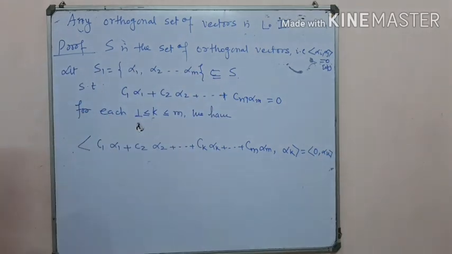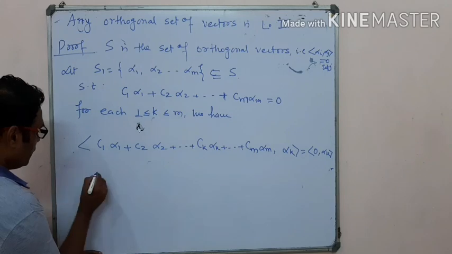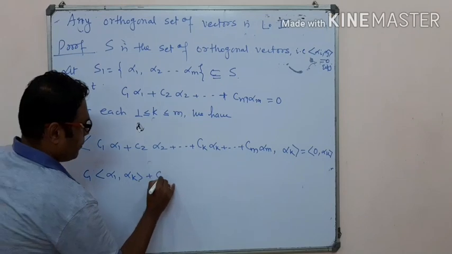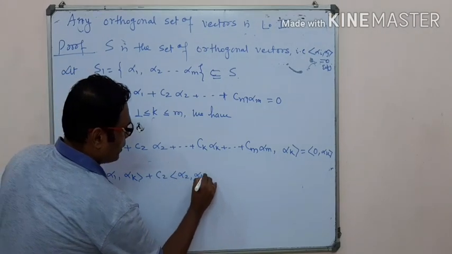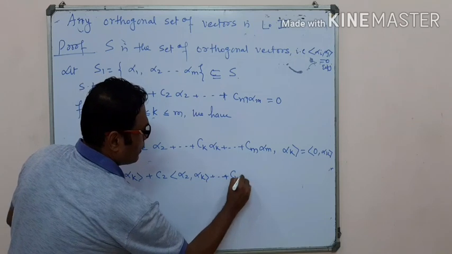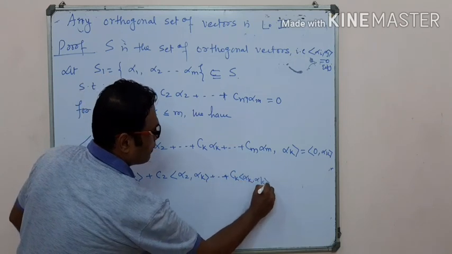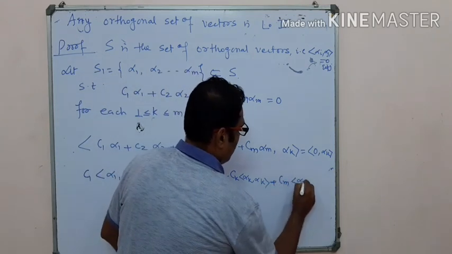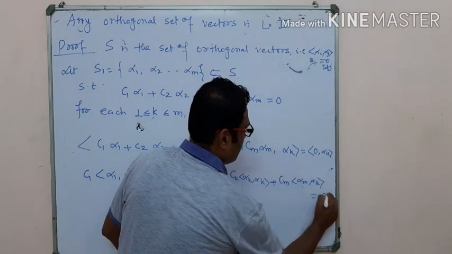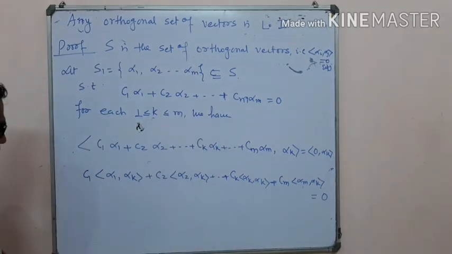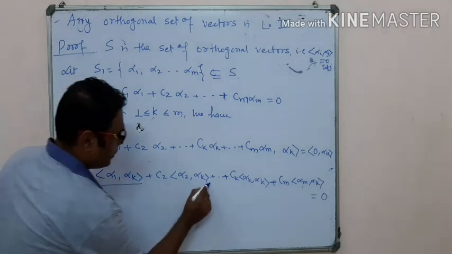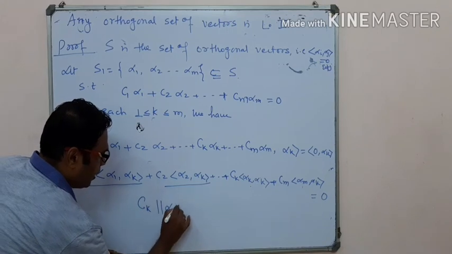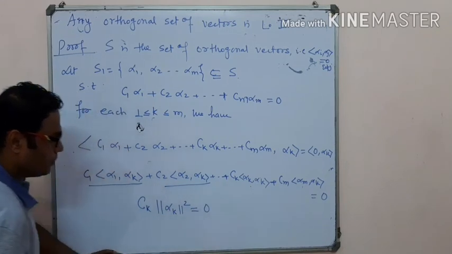That is, we are taking this inner product. Now using the linearity property, C1 alpha 1 comma alpha k plus C2 alpha 2 comma alpha k plus Ck alpha k comma alpha k plus Cm alpha m comma alpha k is equal to 0. Using the orthogonality condition, all parts are 0 except this one, that is, Ck times the norm of alpha k whole square is equal to 0.